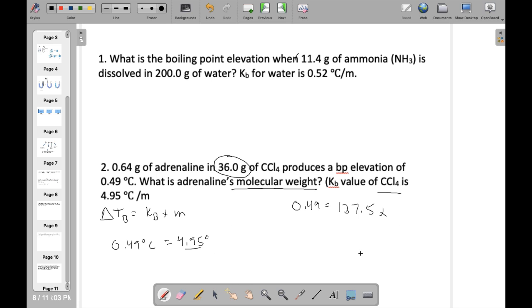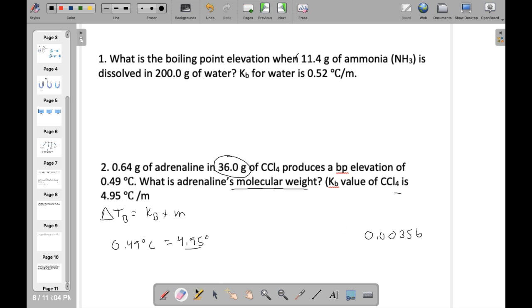So x equals 0.00356. How did I solve for x? I simply divided both sides by 137.5, and that canceled that there. So, this is how many moles I have. I have 0.00356 moles of adrenaline, and I know how many grams I have.